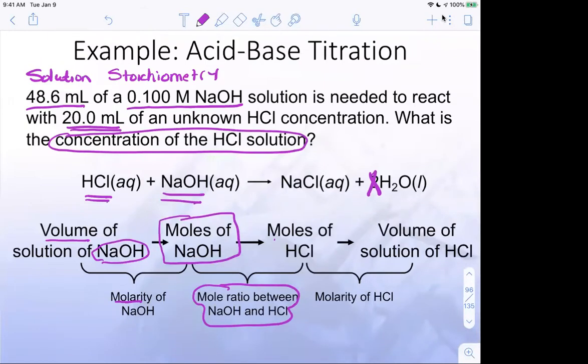That allows me to convert to moles of the unknown substance. And then I know the volume that I put in. It was 20 mL. And I can calculate, using the moles and the volume of HCl, the molarity of the unknown concentration. So I can use this titration procedure to figure that out.